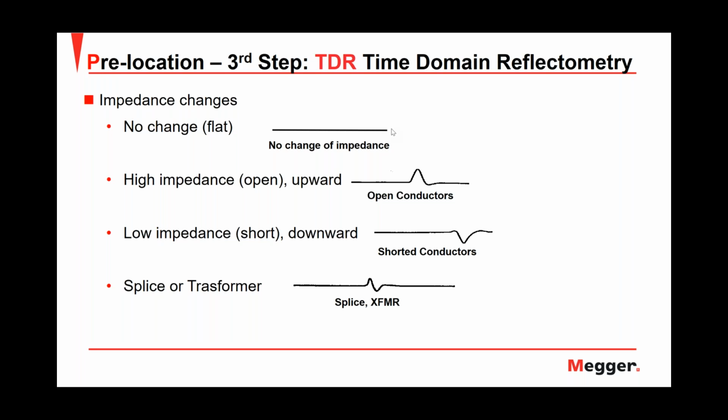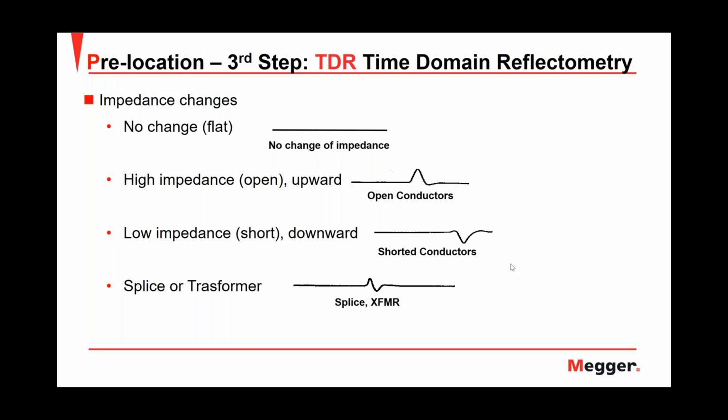If we have a high impedance change, for instance an open conductor at the end of a cable, we will see an upward blip. If we have a low impedance change, for instance a short between the center conductor and the concentric, we will have a downward blip, as you can see in this picture.